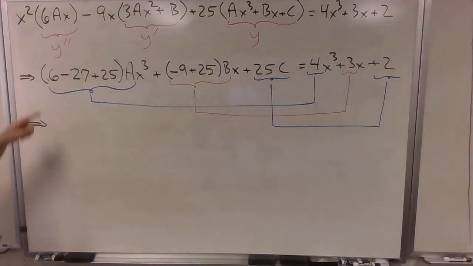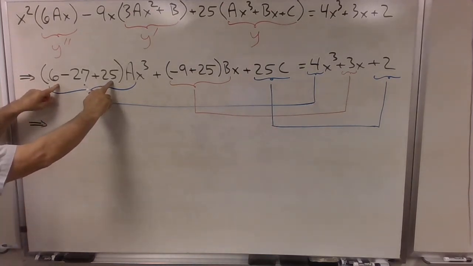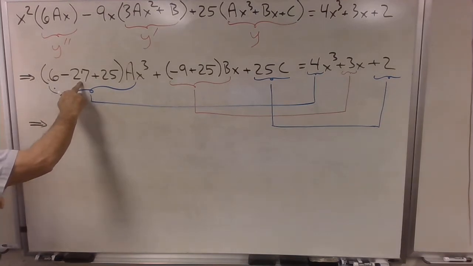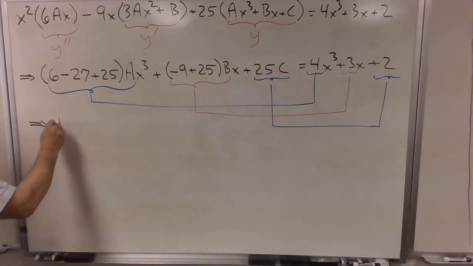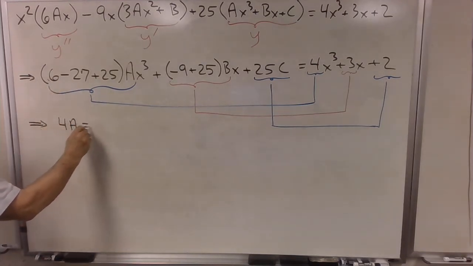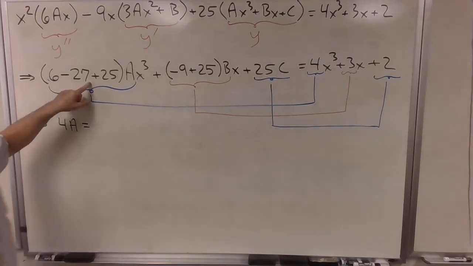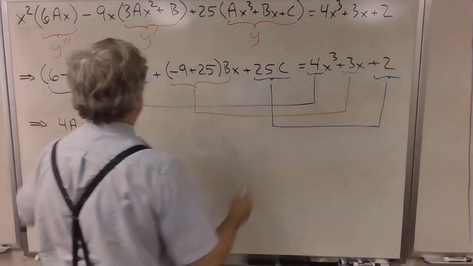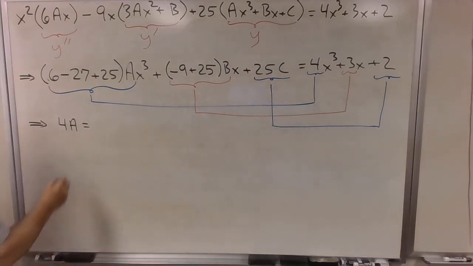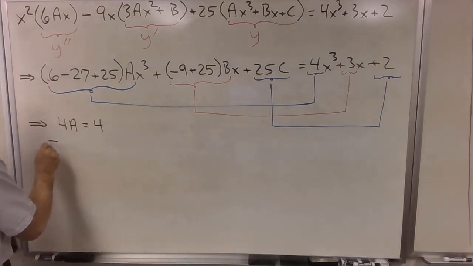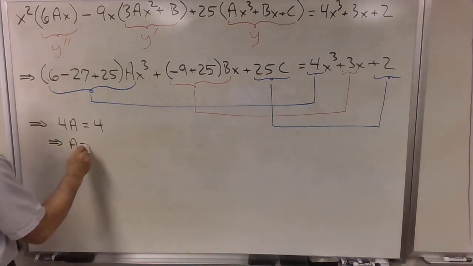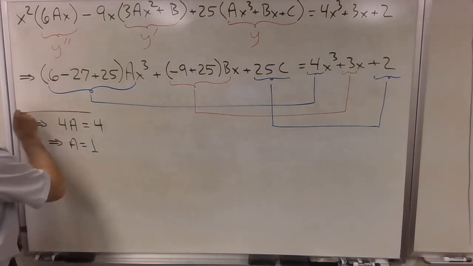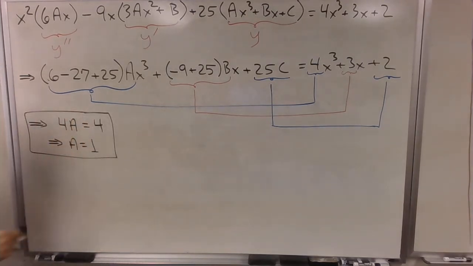So let's see. 6 plus 25 is 31, minus 27 is 4. So I have 4a equal to 4. Yipes, how did that happen? Well, let's hope all the others turn out to be just as nice.